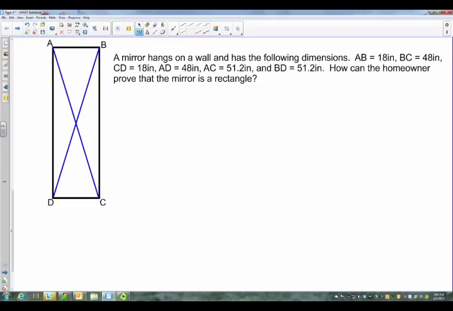Okay, so for this one, let's see what you came up with. Well, we know that CD and AB are 18. So here's 18, here's 18. AD and BC are 48. Okay? Now just that by itself tells you that because opposite sides are congruent, we can say right now ABCD is a parallelogram.